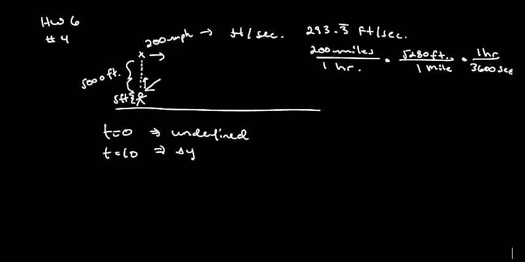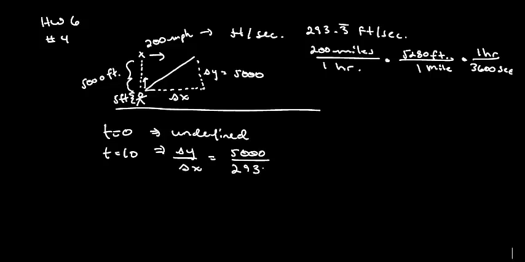However, the telescope is now pointing like this. So the delta y, the change in the y, this guy right here is still 5,000. And the delta x, this length right here, okay, so let's put 5,000 here. And the change in its horizontal distance, we've calculated at 2,933.3 repeating.